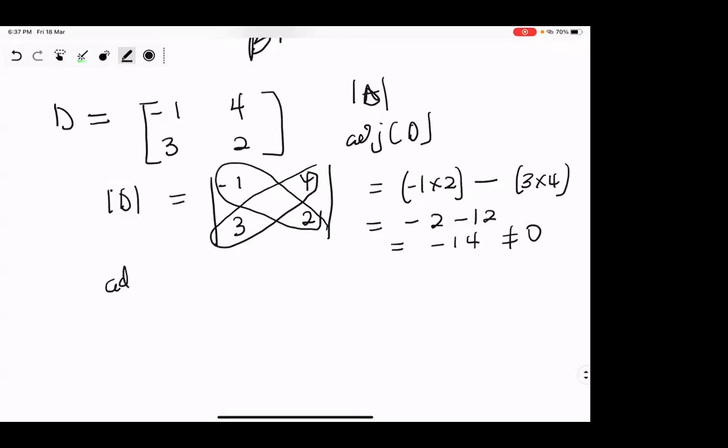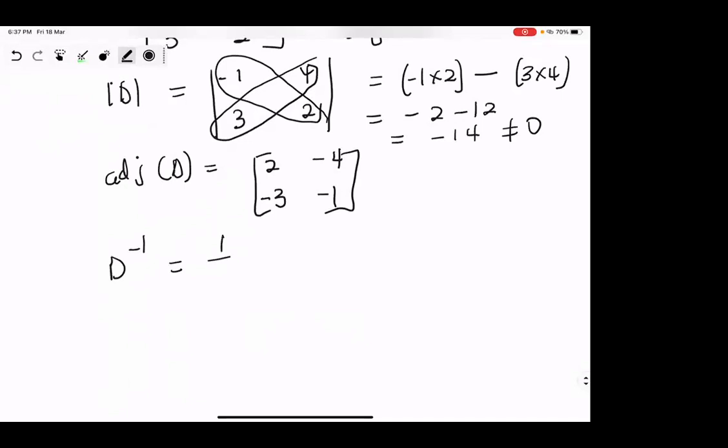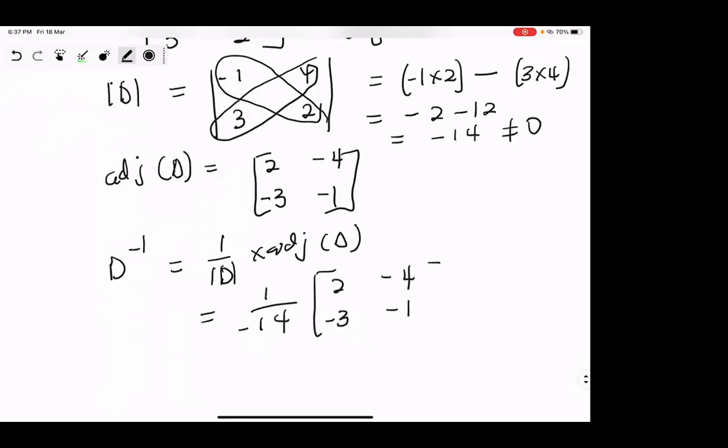So we find the next component of the inverse, which is the adjoint of the matrix. And the adjoint of a 2 by 2 is swapping positions of members on the leading diagonal, which is 2 and -1, and negating the other components, -4 and -3. Okay, so the inverse of D is 1 over the determinant of D times the adjoint of D. And this is 1 over -14 times 2, -4, -3, -1.